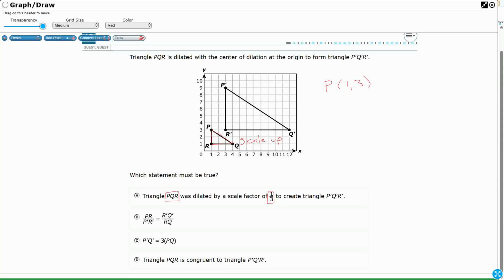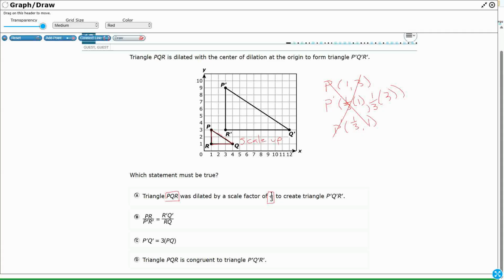So if I were to use this right here, then P prime would be that 1/3 times that 1, and then that 1/3 times that 3. And that would give you my new coordinates, which would make P prime 1/3, 1. That would be a much smaller triangle. That's actually not how it works.